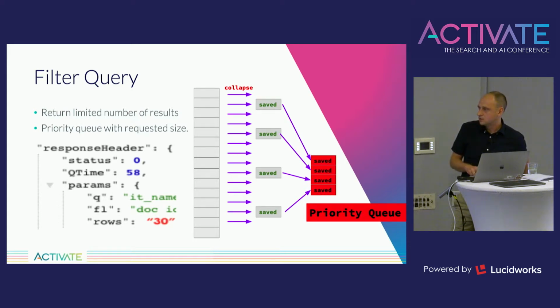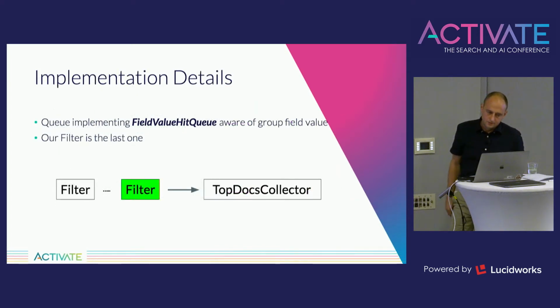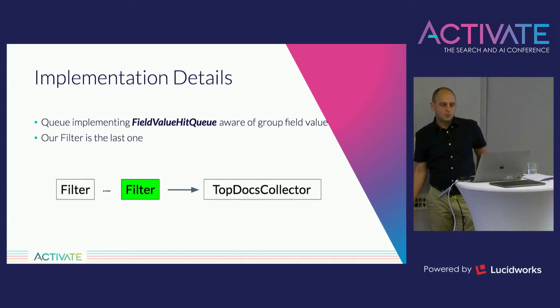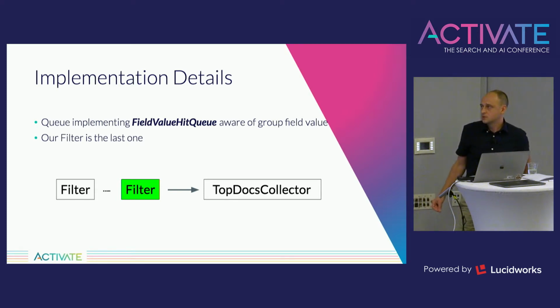We decided to use a priority queue with limited size, equal to the number of IDs we need to return from the query. Our priority queue was implementing field value hit queue, but was also aware of the identifier of the product to allow us to group offers into products.